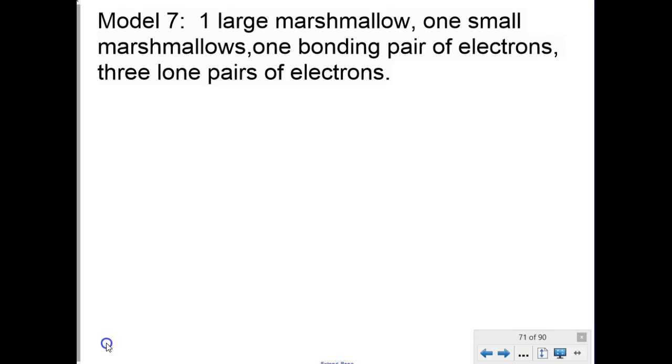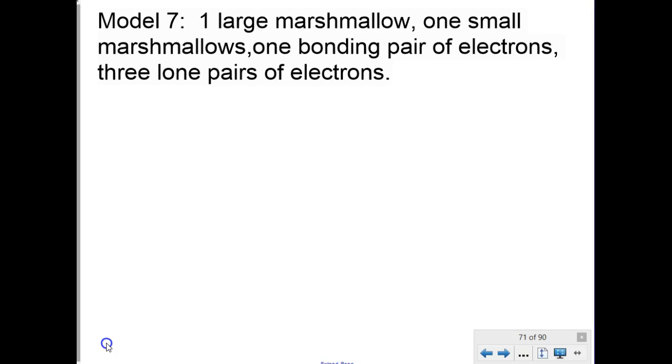Take off one more small marshmallow from this model. Oops, I just broke my bond pair. Need a new toothpick. You now have 2 atoms in the structure.